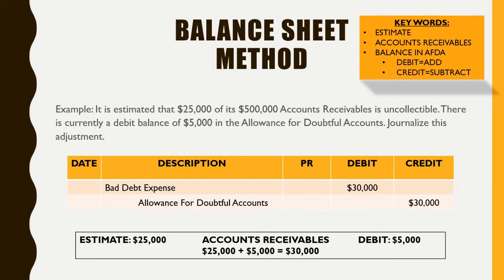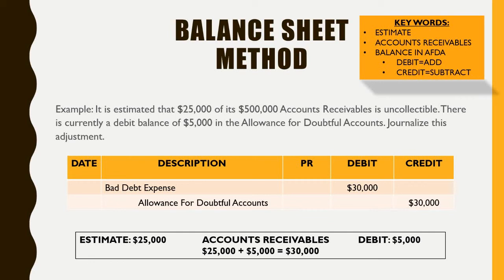At the end of the day, my goal is to have a credit balance of $25,000 in my allowance for doubtful accounts. So my estimate is my end goal. Because I currently have a debit balance and I care about it, I need to add those two numbers together to get 30,000, and that's what I'm going to journalize.